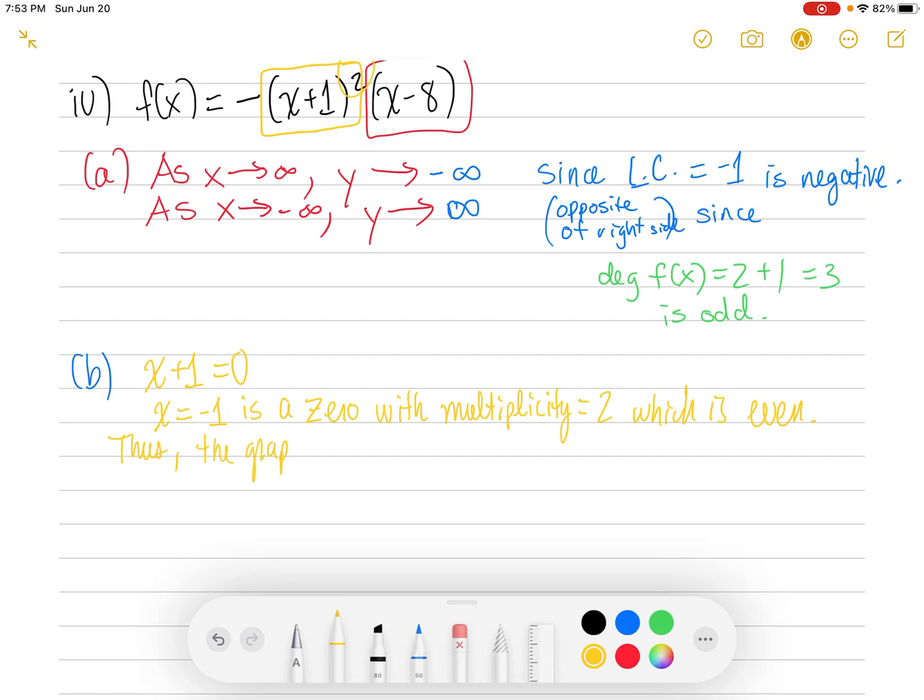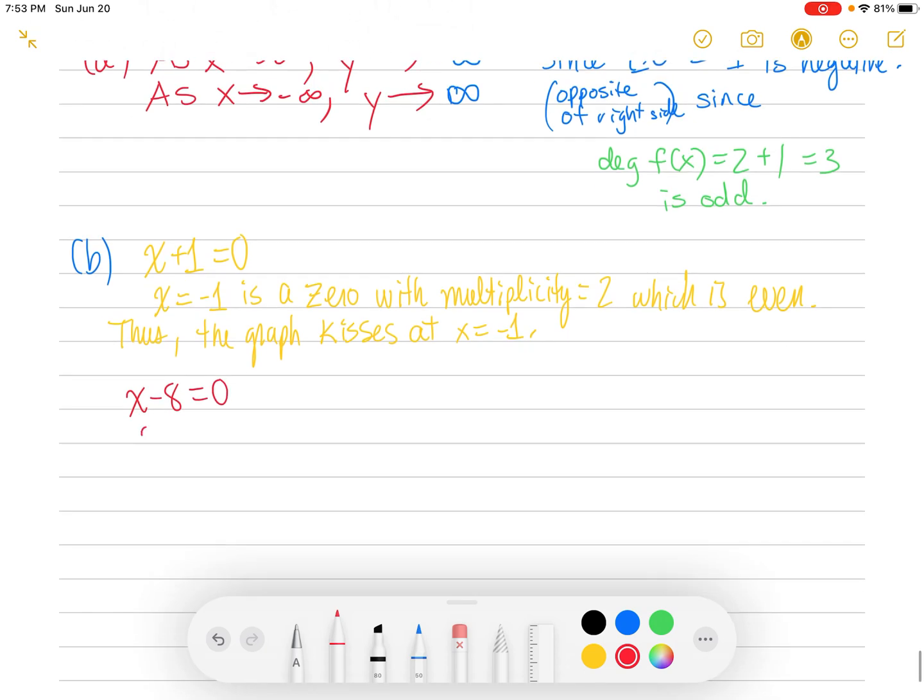Thus, the graph kisses, right? Because even multiplicity, multiplicity of 2, causes it to kiss at -1. The graph kisses at x equals -1.